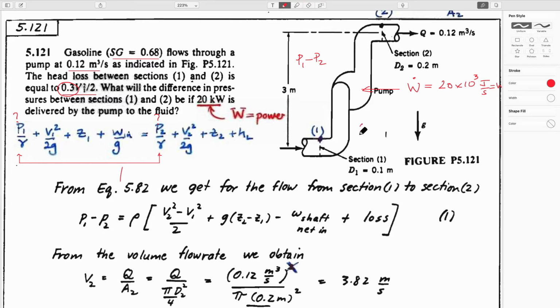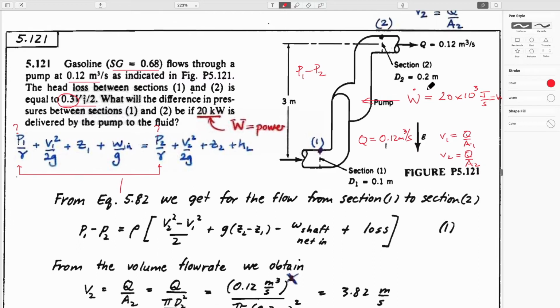We know that Q is equal to 0.12 meters cubed a second. So velocity 1 is equal to Q over A1. Velocity 2 is equal to the same flow rate over A2. We have the sections in terms of diameters.